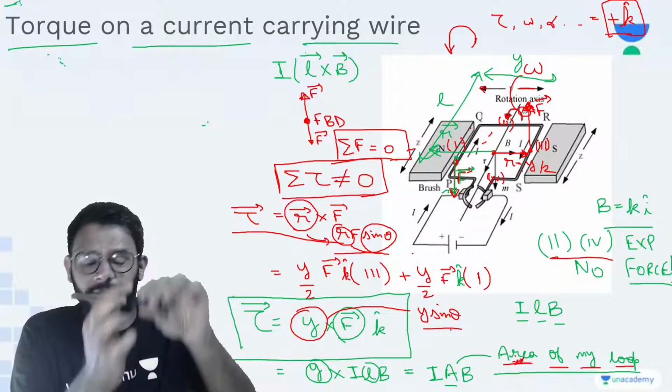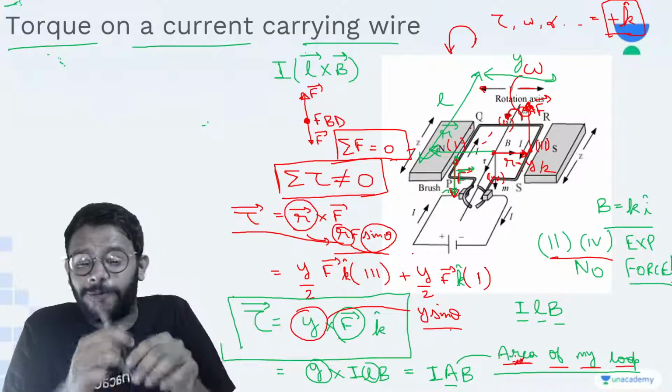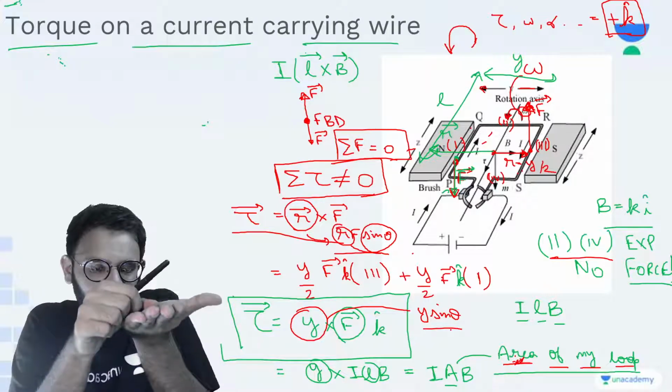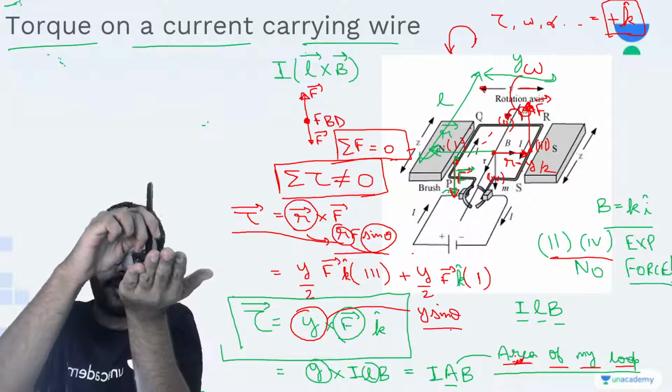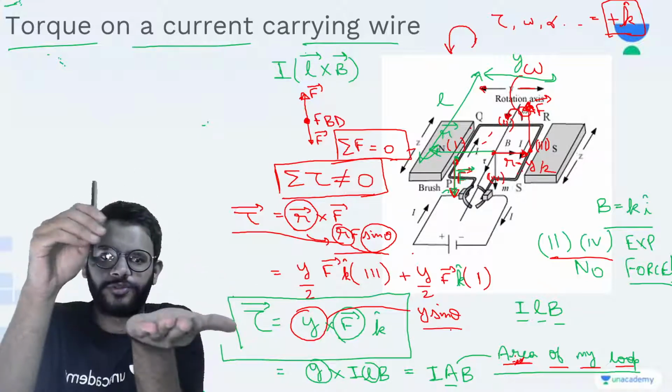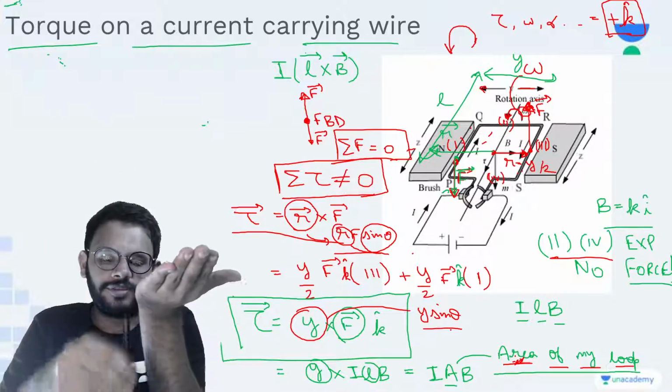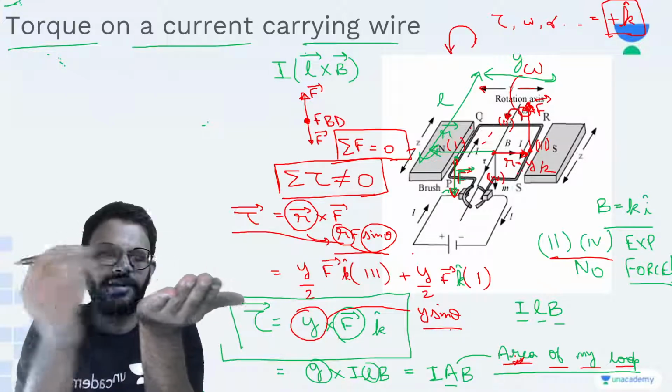And the angle between the magnetic field and the area vector is going to keep on increasing as my coil keeps on rotating. Since my area vector is in the direction of the loop, the area vector is in this direction, the magnetic field is in this direction.